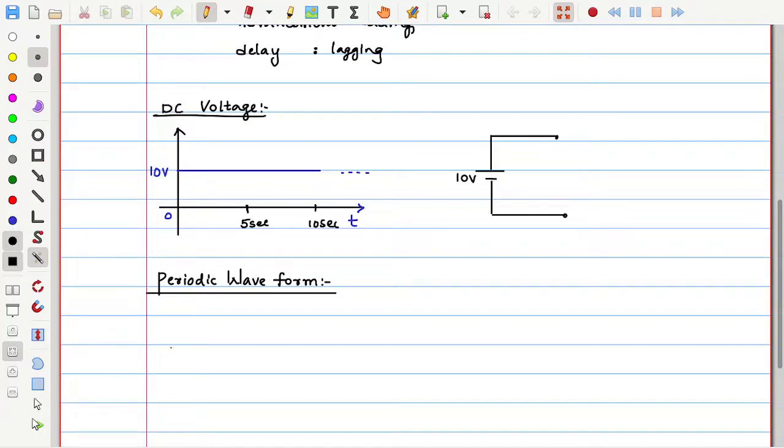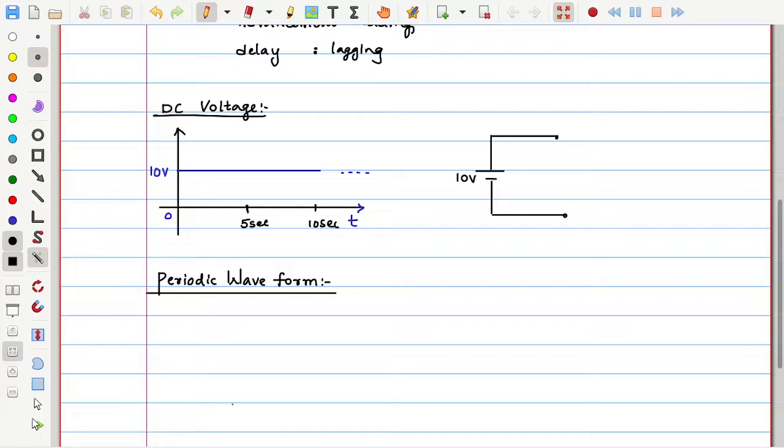As in the DC system, I could say at 5 seconds or at 10 seconds or at 100 seconds, I can say that it is having 10 volts strength, which is electromotive force, so that it is transferring a certain amount of the charge. But how could I say when it is continuously changing? So there is no direct value of the voltage for this periodic waveform.